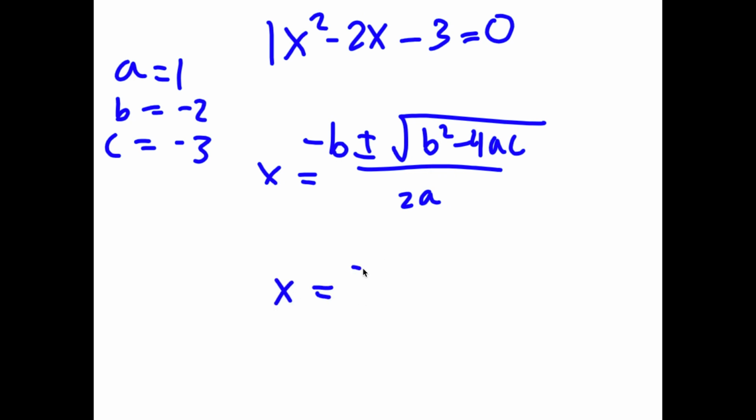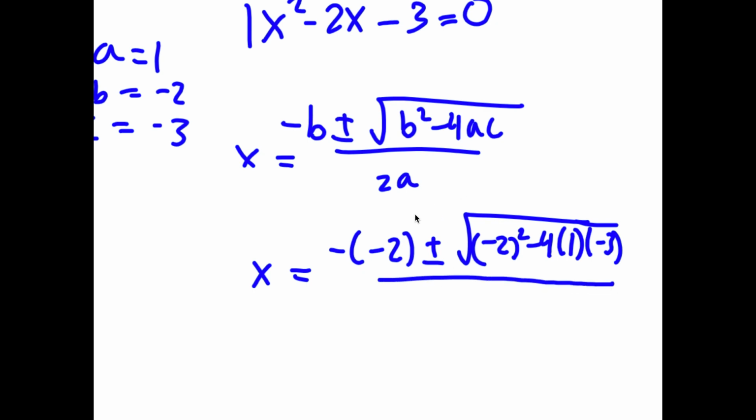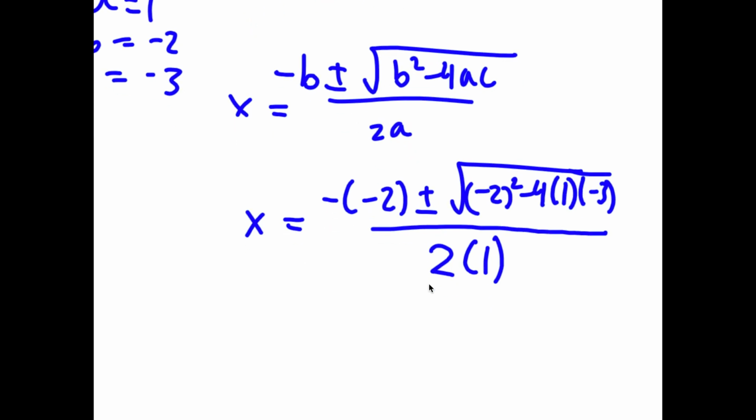So I have x is equal to negative of negative 2 plus or minus the square root of negative 2 squared minus 4 times a, which is 1, times c, which is negative 3. And I have this over 2a, so 2 times 1.